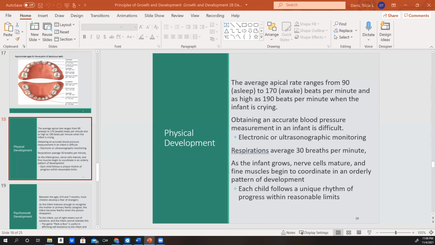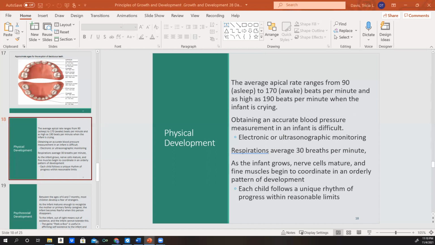In order to have an accurate count of the infant's heartbeat, we need to do an apical pulse count. So when we're listening with our stethoscope, we would take our pediatric stethoscope using the small diameter diaphragm, and we want to put it over that left side of the chest in the position where we know that heartbeat can be heard clearly. Then we want to count the pulse for an entire minute.